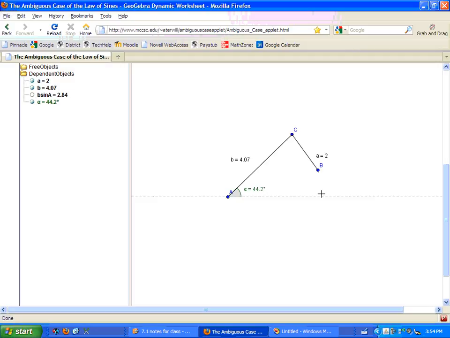It's not long enough. So it could make 0 triangles, or it could be anywhere along this line, and it could make 1 triangle. Or if you notice, if we're able to drag little a here, it could equal 3 and make a triangle this size, or we could scoot it on the inside and it could equal 3 also.